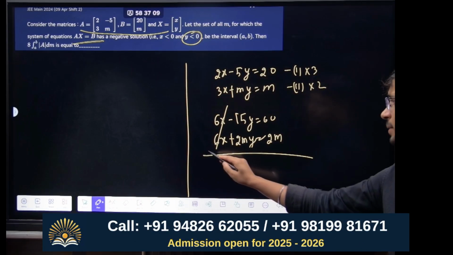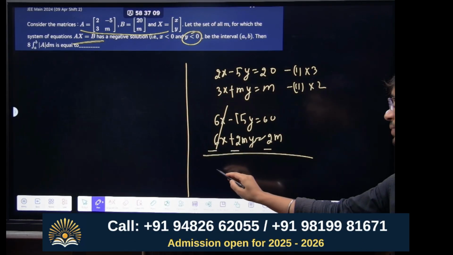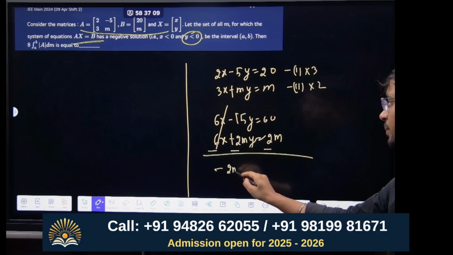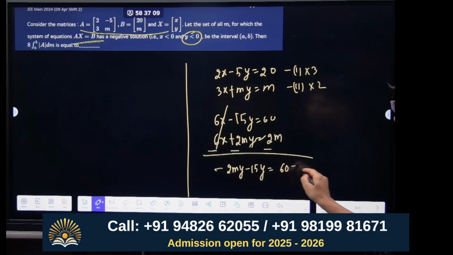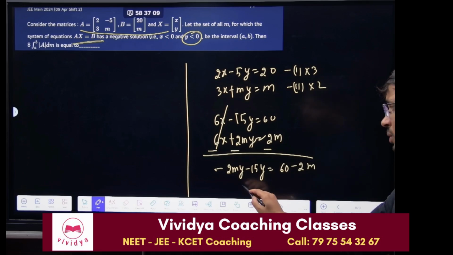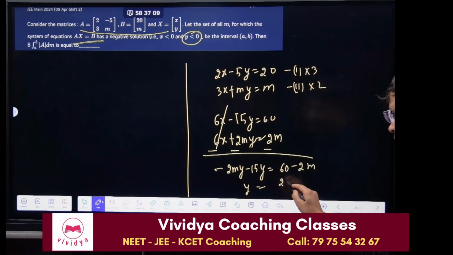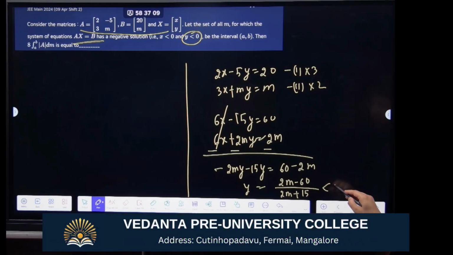If you subtract, minus of 2my minus 15y is equal to 60 minus 2m. So y will be, can I write directly, (2m minus 60) divided by (2m plus 15), since minus got multiplied, and this value is less than 0.